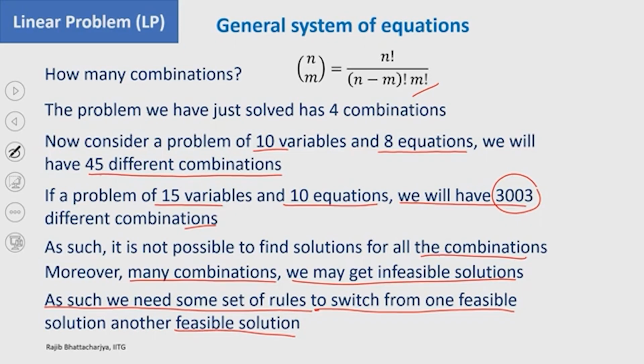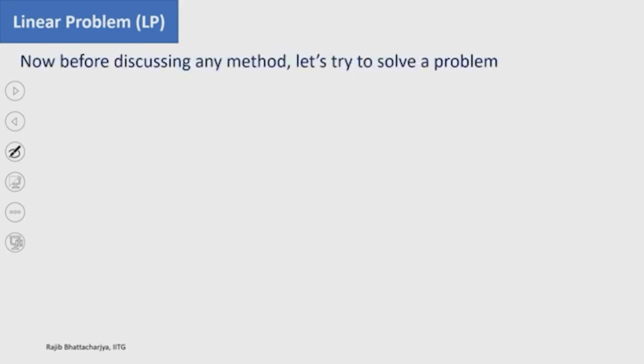So, we need some set of rules to switch from one feasible solution to another better feasible solution. Before discussing any method, let us try to solve a problem. We will first solve a problem and then give you the rules: what rule you should follow and why you should follow it.